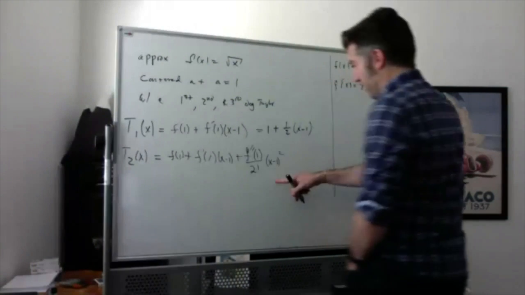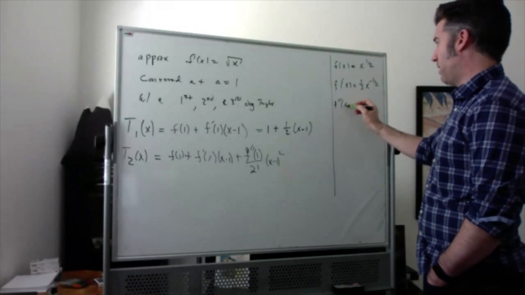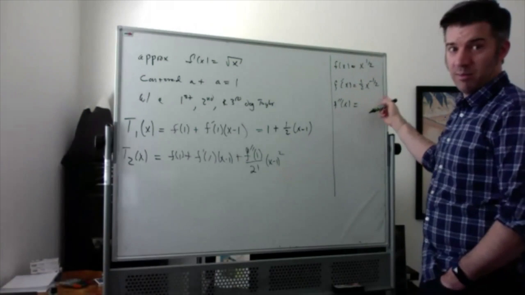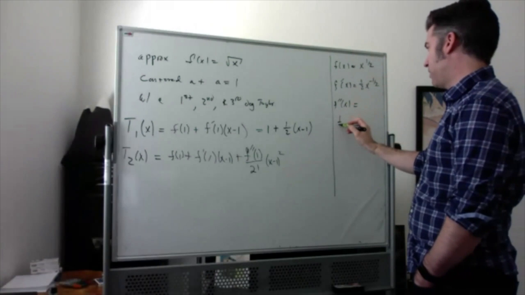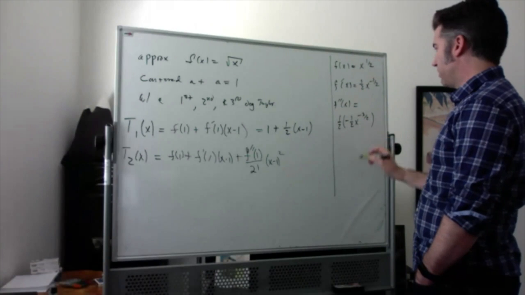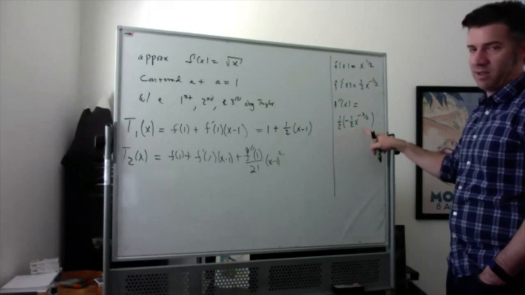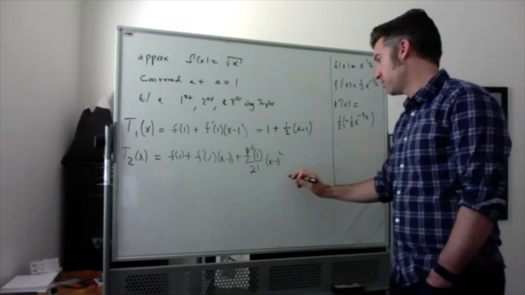So I really just need to find the next piece. The second derivative, f double prime of x, is going to be, again, the power comes down, and I get 1/2 times negative 1/2 x to the negative 3/2. So f double prime of 1 is going to be 1/2 times negative 1/2 times 1, which is negative 1/4.